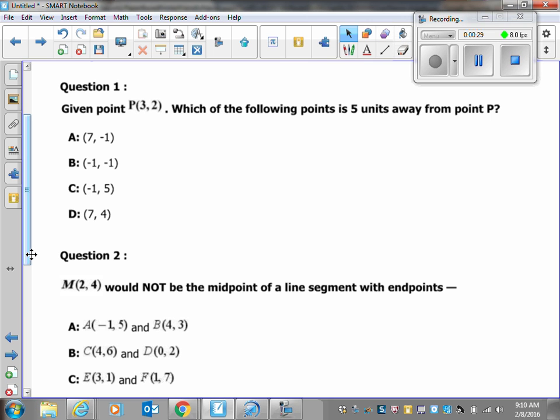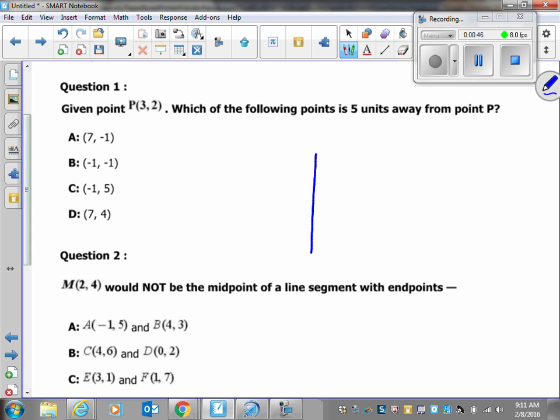Number one says, given point P, (3, 2), which of the following points is 5 units away from point P? You can do it on a coordinate grid.